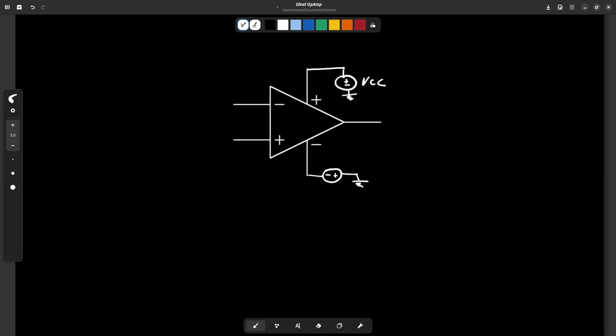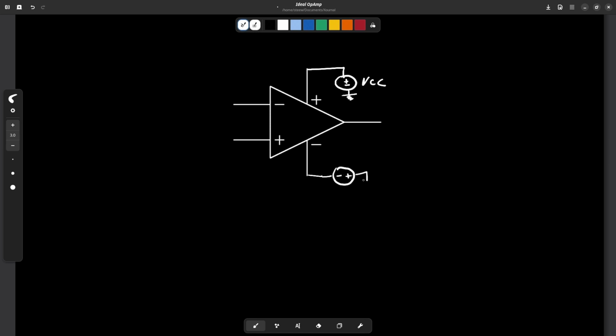These voltages are symmetrical in most cases, but you could find single supply operational amplifiers. I mean, you could find operational amplifiers biased between VCC and ground. But generally we are going to use it like this.